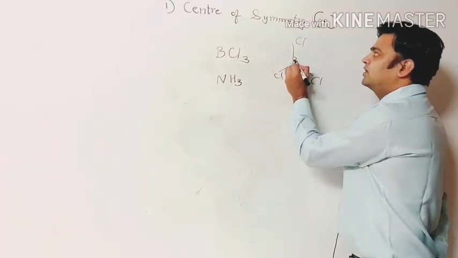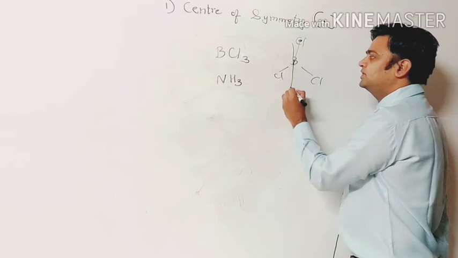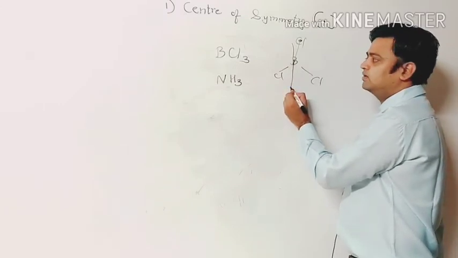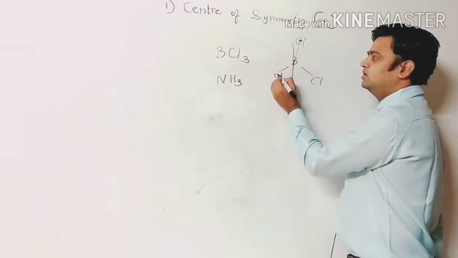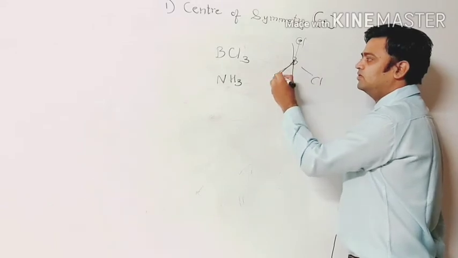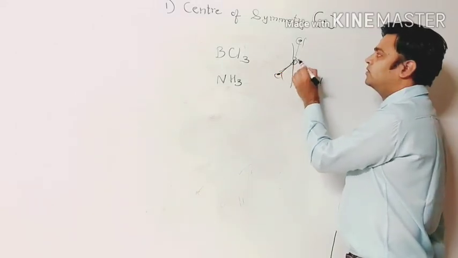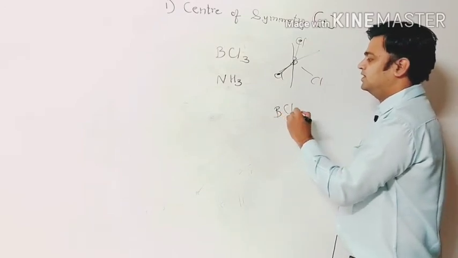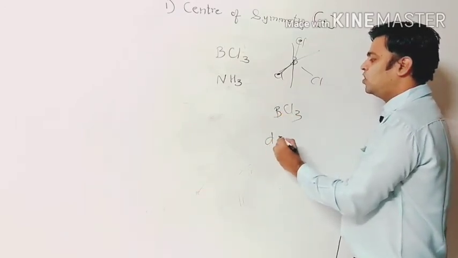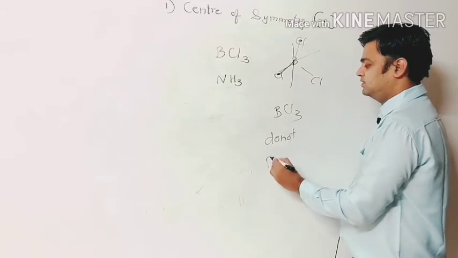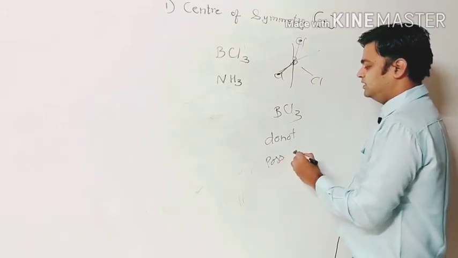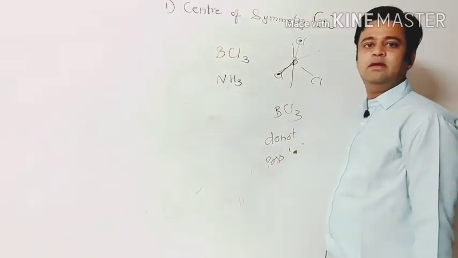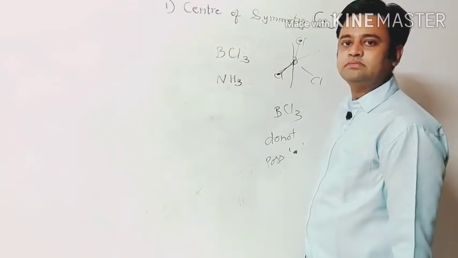Let's put one dot. Let it travel to the chlorine, but in the opposite direction there is no chlorine. Right? Here also it remains the same. On the one side it gets chlorine, but on the opposite side it does not get chlorine. Therefore BCl3 does not possess a center of symmetry. Got it?